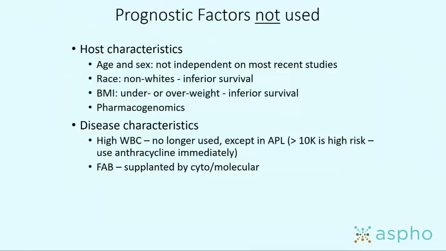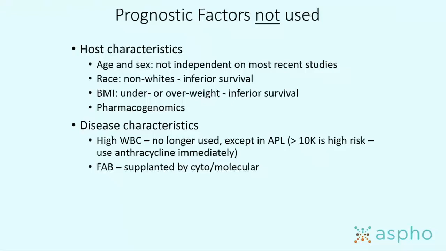So what are some prognostic factors that are known to correlate with outcome in AML but are not used in risk stratification? Most of these that are not used, it's because they're not independent of things that we do use, that these are just kind of co-phenomenon with things that we do use to risk stratify. So unlike in ALL, we don't typically use host characteristics like age specifically to do risk stratification in AML.